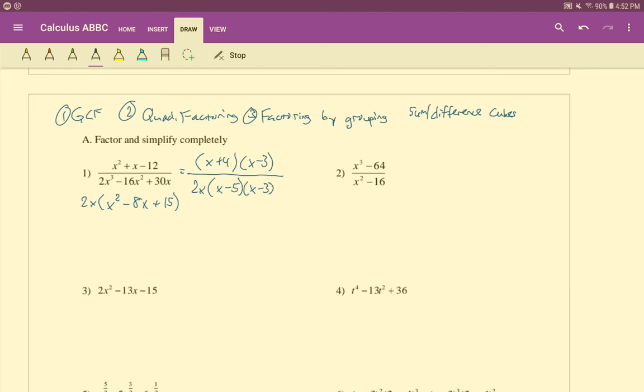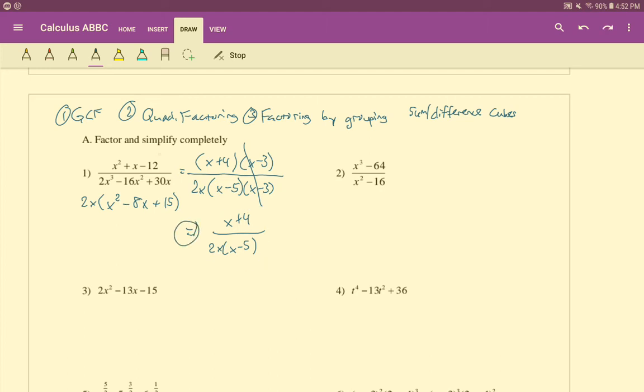Now at this point we can simplify, but we have to be a little bit careful here. The tendency you might have is to say, oh, we can just cancel out the x minus 3's and say that the final answer here is x plus 4 over 2x times x minus 5. Now, there's one important subtlety here: this is not exactly equal to this, even though we just said that it is.